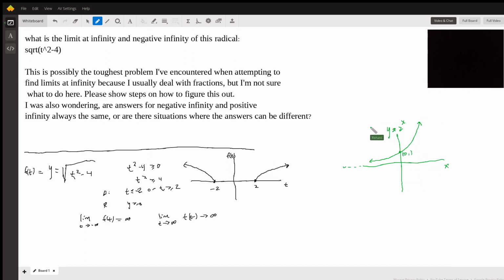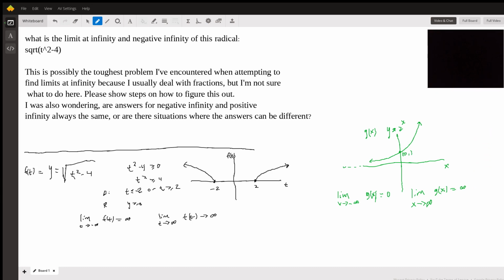So let's call this g of x. So the limit as x approaches negative infinity of g of x is equal to 0. And the limit as x approaches positive infinity of g of x is equal to infinity.